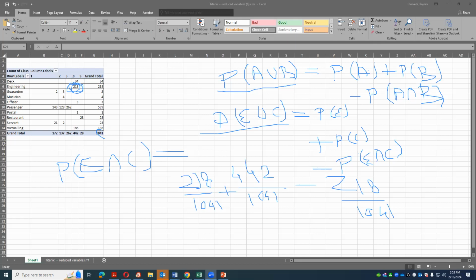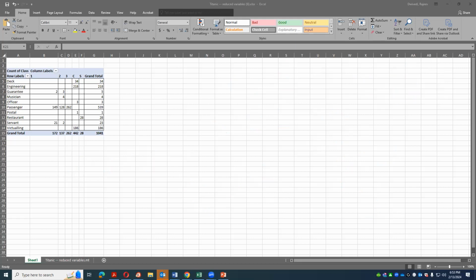Conditional probability is denoted by a vertical line. So probability of C class given they are engineers. Are you able to give the probability of C class given they are engineers?